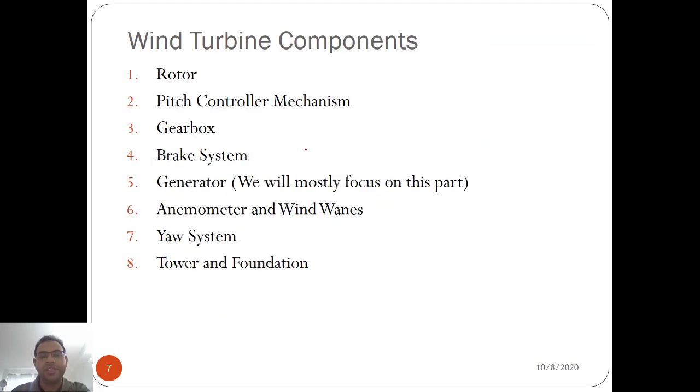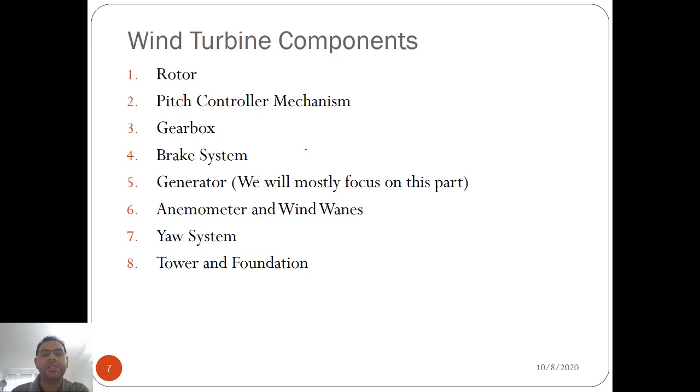Now we will discuss in detail the wind turbine components. Any wind turbine energy system that produces electrical energy from the wind contains the following components. The first and most important component is the rotor. Then we have the pitch controller mechanism. We will discuss shortly what a pitch is, what a controller is, and how this mechanism drives.